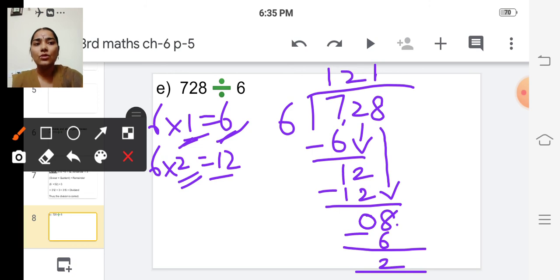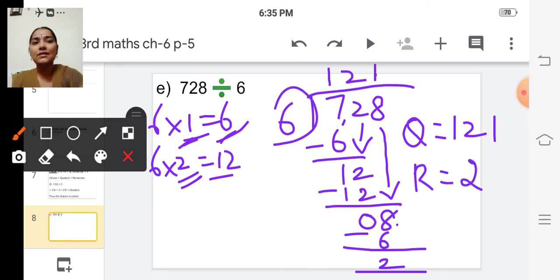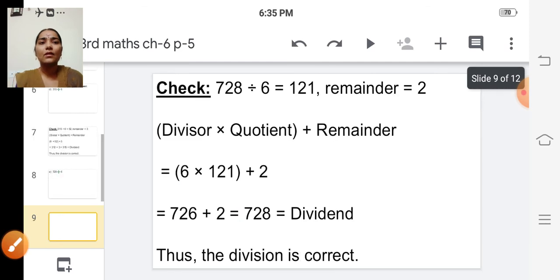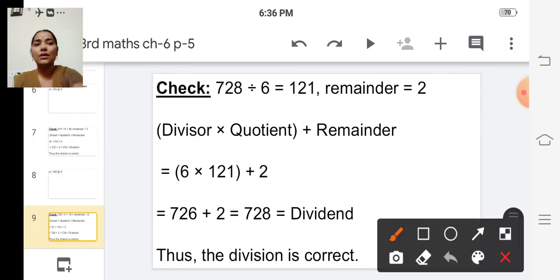Okay. So the quotient is 121, the remainder is 2 and the divisor is 6. Okay. Shall we check the answer? So 728 divided by 6 is equal to 121 and remainder is 2.